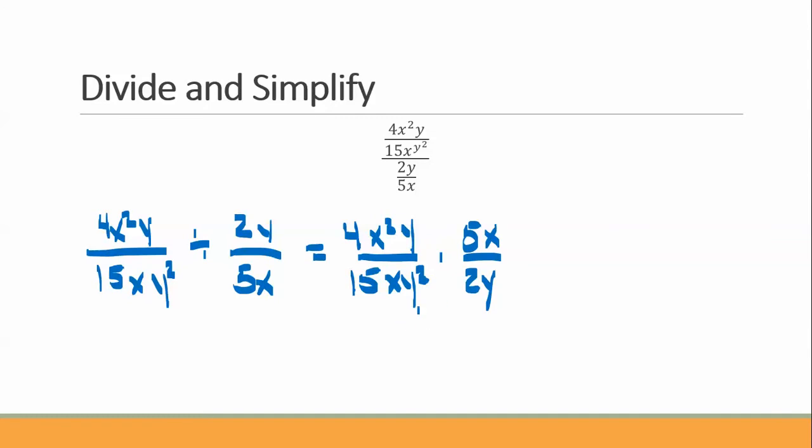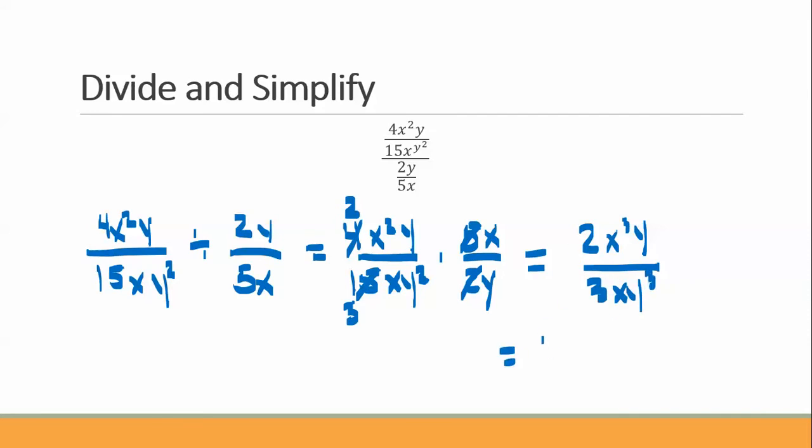And now we do what we've done for all of the other sections. 4 divided by 2 is 2, so we can take out a 2. 15 divided by 5 is 3, so we can take out a 5. And then if we want, we can multiply the numerator. So we have 2x cubed y divided by 3x y cubed.